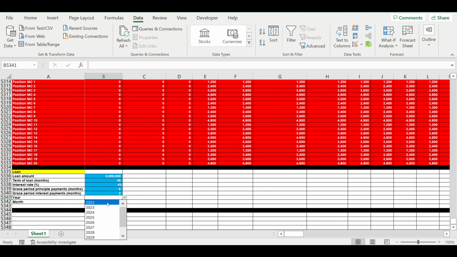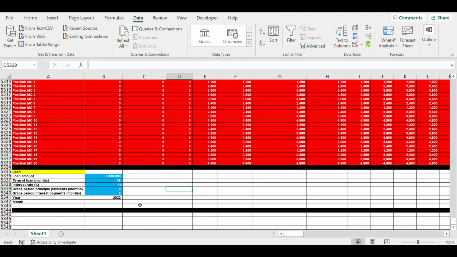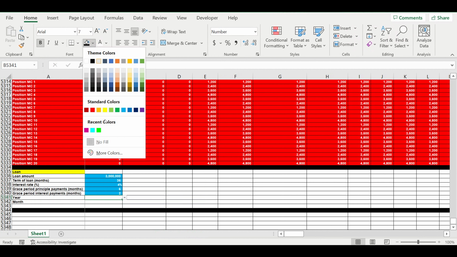So year will be 2022, for example. Format cells, we will use this separator, we will avoid it. This is the input, so we mark it with blue.